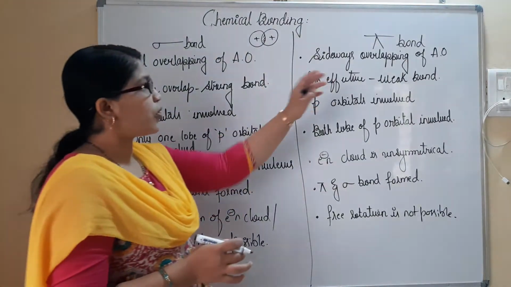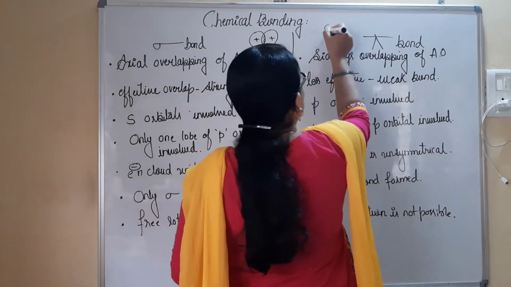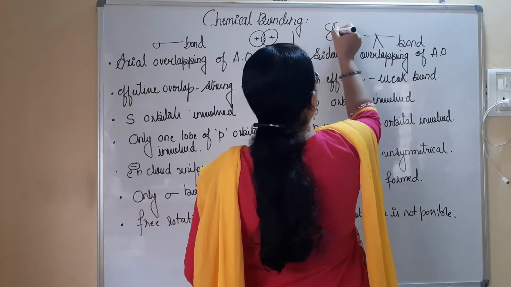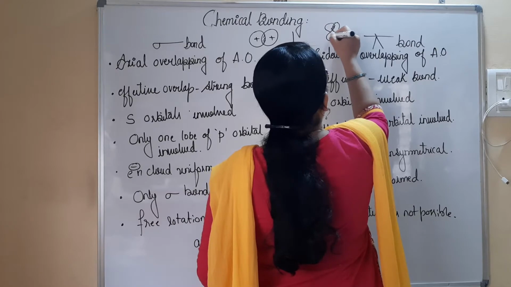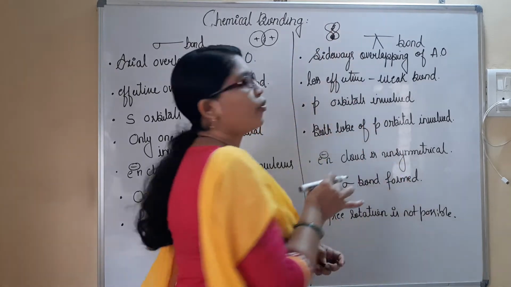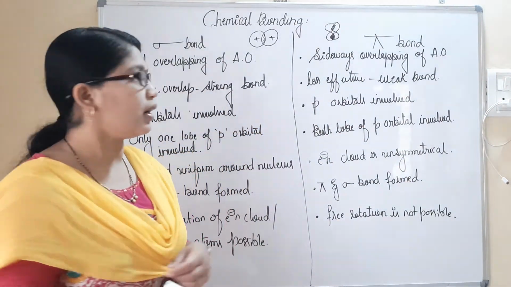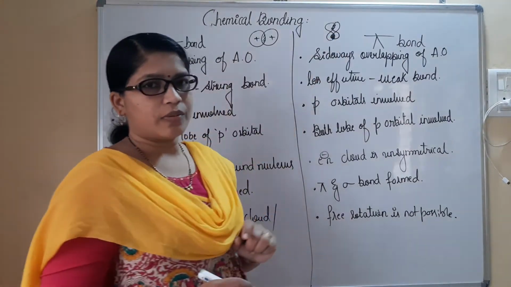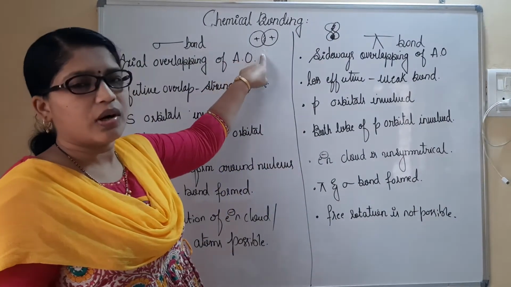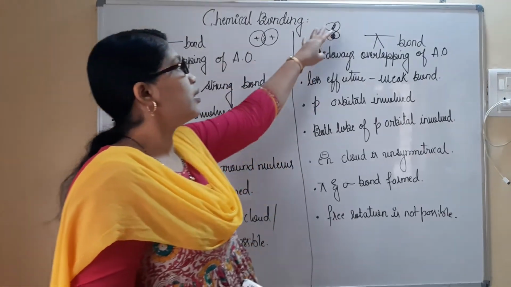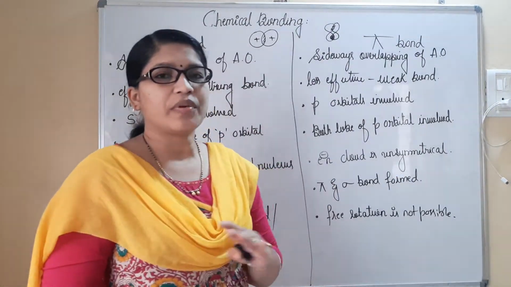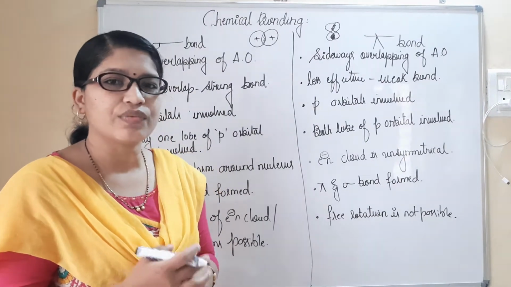But it is not possible with respect to pi bond, because they are overlapping in this fashion. So free rotation or electron cloud movement is generally highly difficult in case of pi bond. It is only the sigma bond or sigma electron cloud we can freely rotate, but these pi electrons generally cannot be freely rotated in the direction we want.